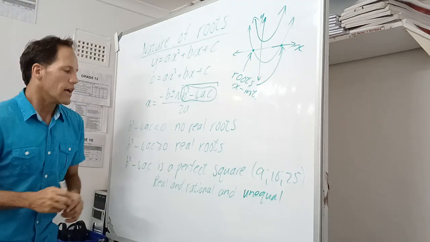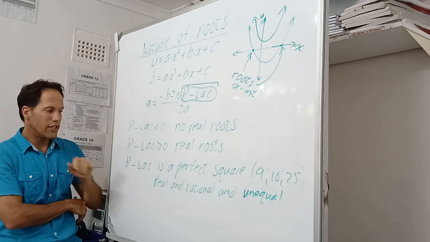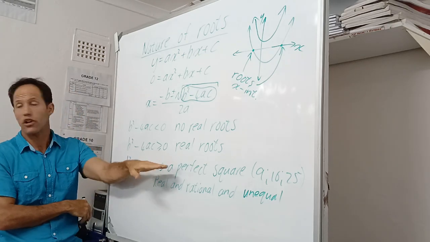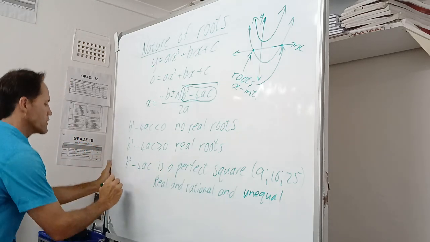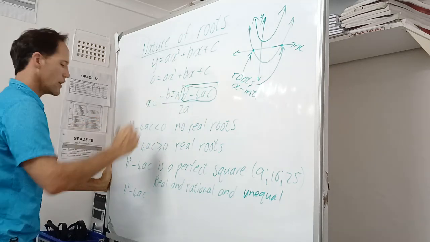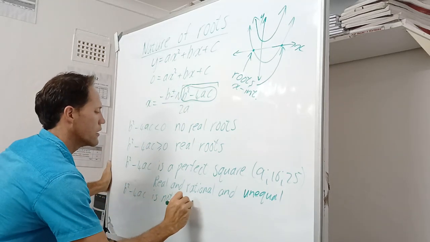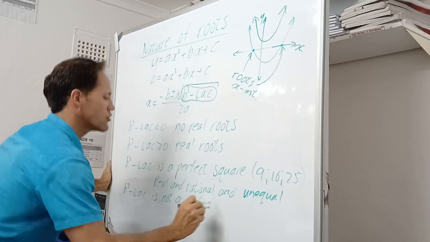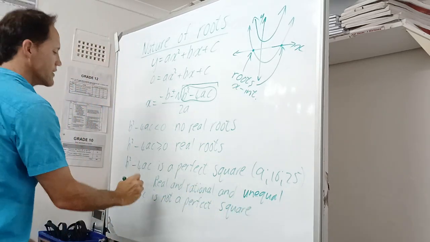Okay? And then the other kind that you can get is if b squared minus 4ac is not a perfect square. Okay, if this part here is not a perfect square, then we're going to say it's still real.